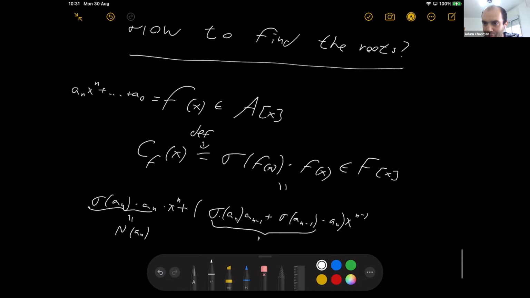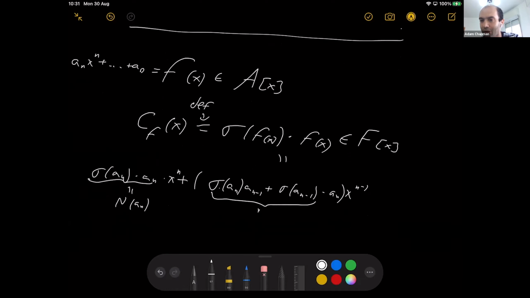I haven't defined what the trace is, but it's essentially, in characteristic different from 2, 2 times the projection on the central component of the element. Anyhow, this is the trace of sigma a_n times a_(n-1), and so on. So all the coefficients live in the center.